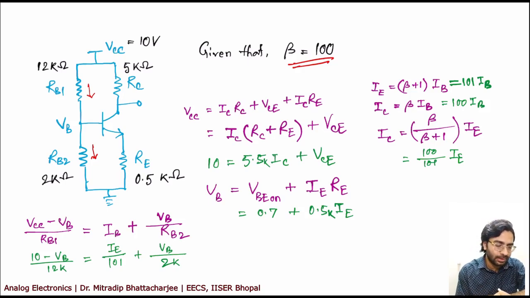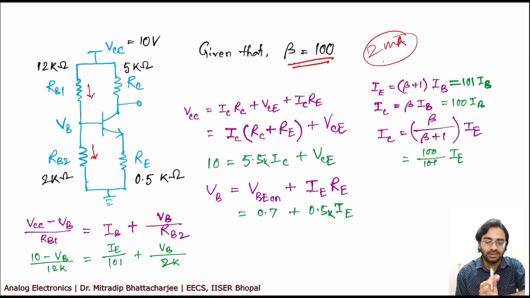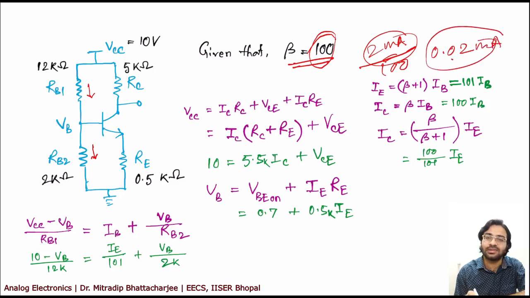So your IC, for example, 10 volt and 5 kilo ohm, it will be around 2 milliampere or so, just considering VCC by RC. Your beta is 100, so your IB will be 100 times less than this, so it will be 0.02 milliampere, which is very less.